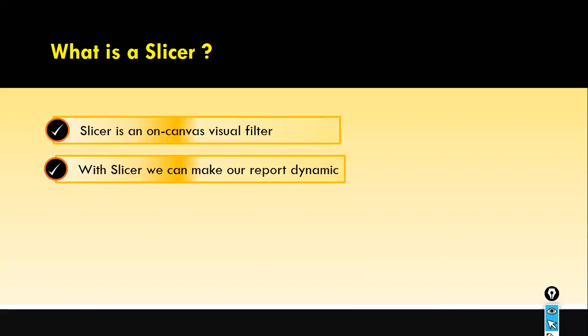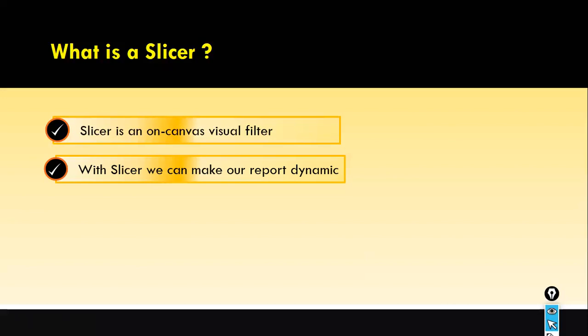Imagine that in the past, before data visualization tools came into the picture, if a user wanted to see a specific report, they needed to create multiple reports. But nowadays you create one report page and embed the slicer in that page.